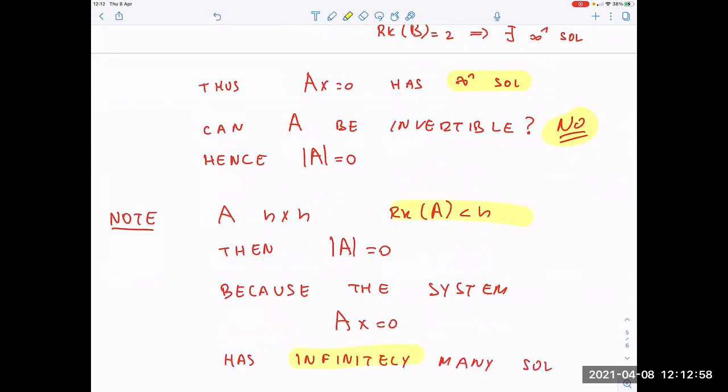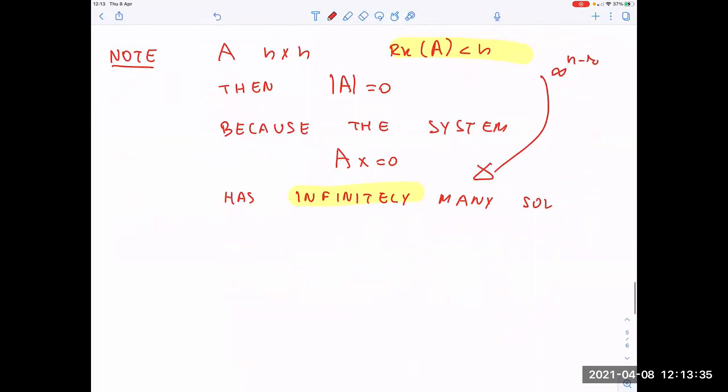How many solutions? Well, it has infinity to the n minus r solutions by the Rouché-Capelli theorem, right? So when you find a square matrix having a rank which is not as big as it could be, then the matrix is singular. It has determinant 0, okay? Okay, let me know if you agree with this last note, which is one of the first times in which we relate the rank and the determinant.